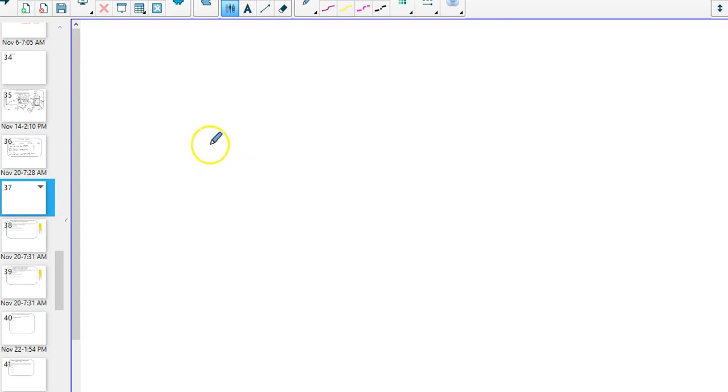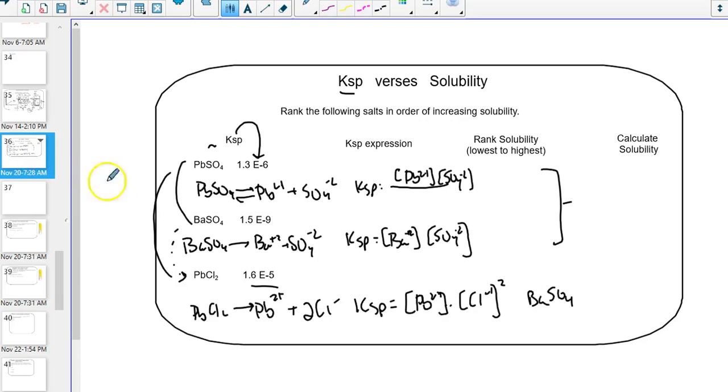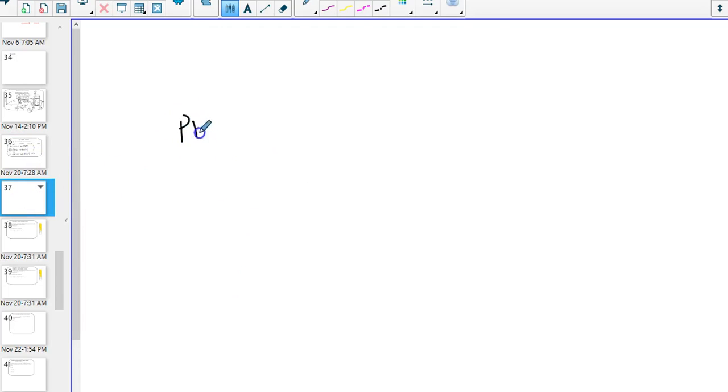It's just a calculation. So let's do this one first, and this one second. So 1.3e to the negative sixth. PbSO4 goes to Pb2+ and SO4 2-. Initial, the stoichiometric ratio, and this is not playing a role. It's a solid.